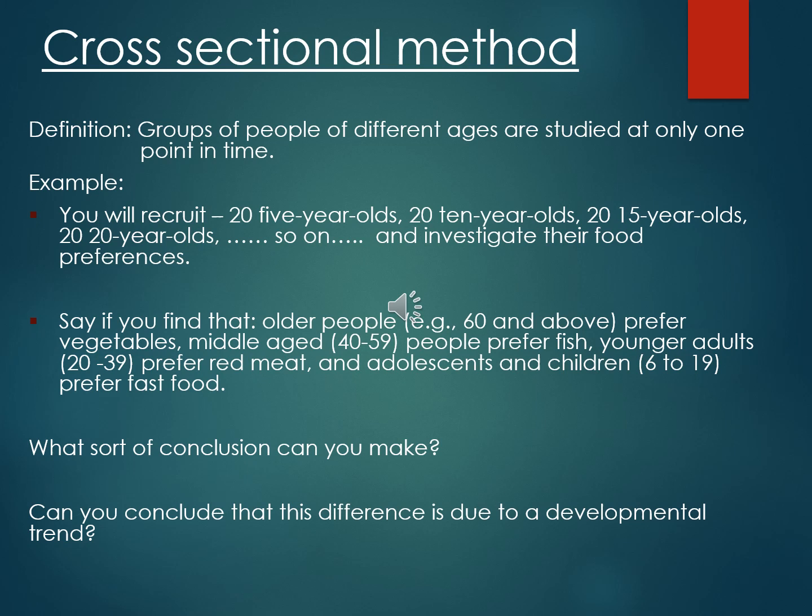So here is a problem. Even though you are making inferences that the difference in, for example, food preferences due to age is due to development, it's possible this is based on some other things. For example, something called cohort effect that we talk about later on. That is, these people, 5-year-old, 10-year-old, 15-year-olds, are different cohorts belonging to different times in history.